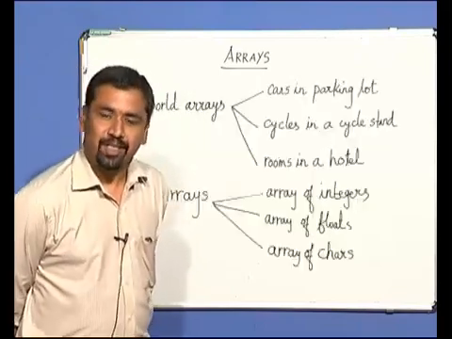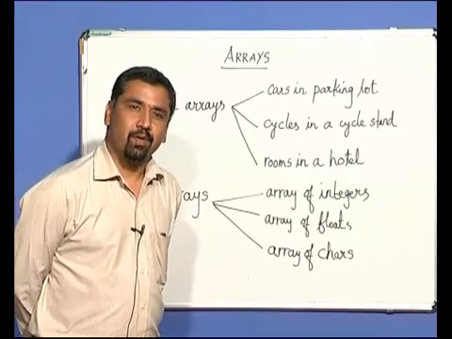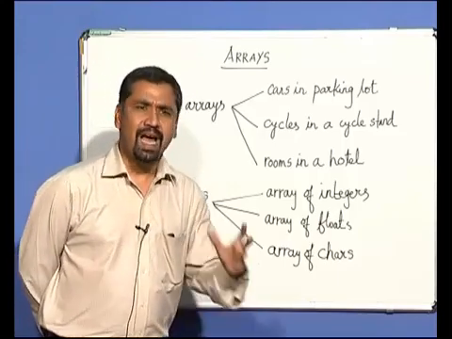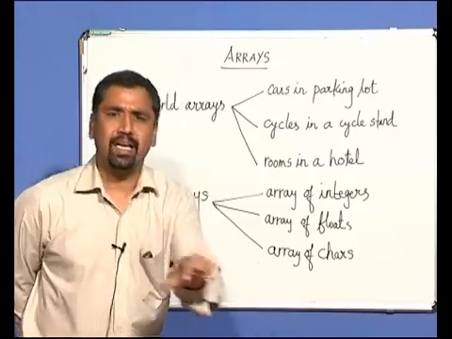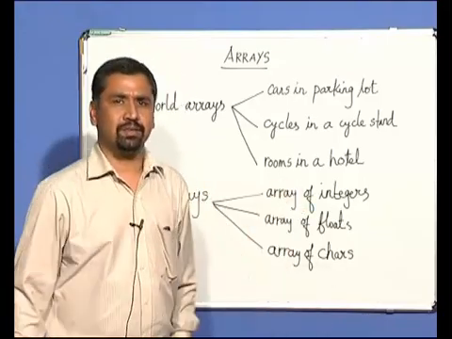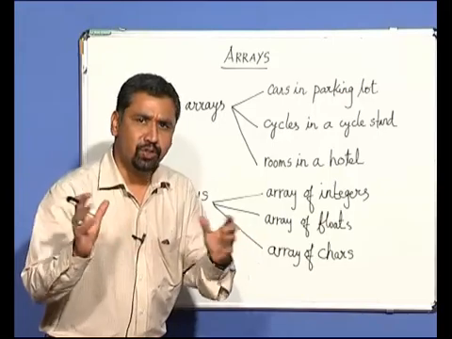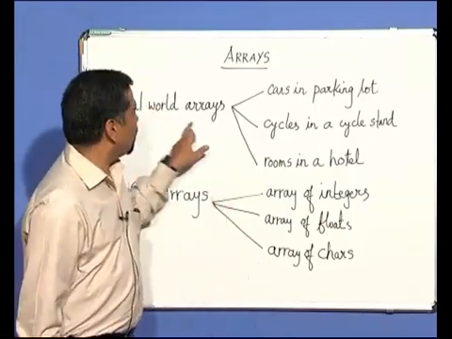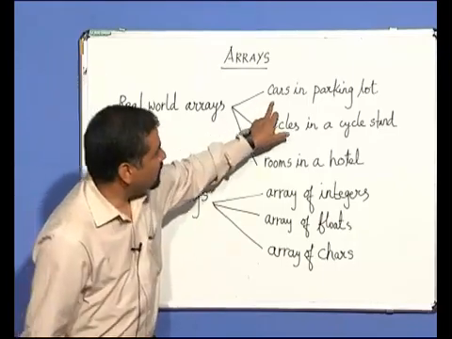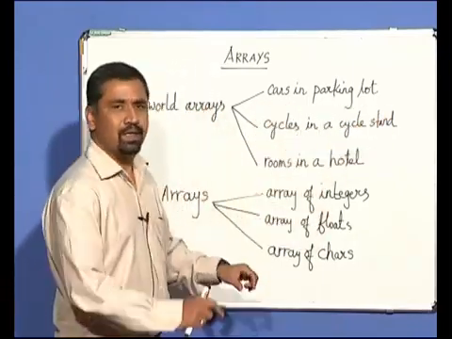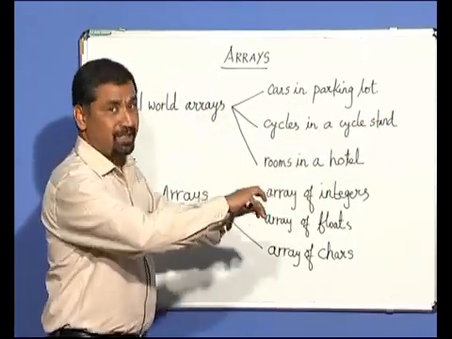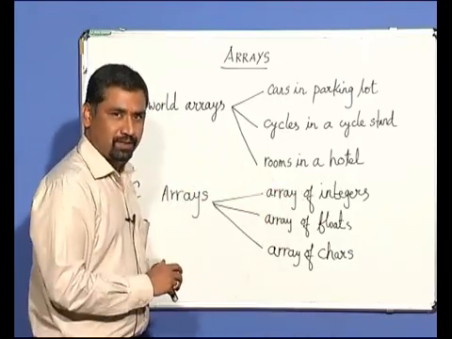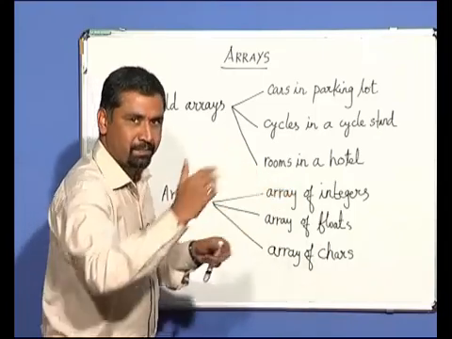Now let us try to understand what is meant by an array. In the real world, an array is defined as an orderly arrangement of a large collection of things. Things could be anything. For example, real world arrays. One of the examples is cars in a parking lot. When you look at cars which are nicely parked in a parking lot, you see a row of cars, one after the other.